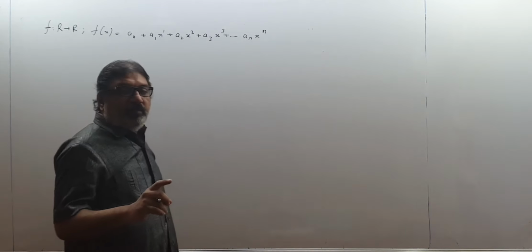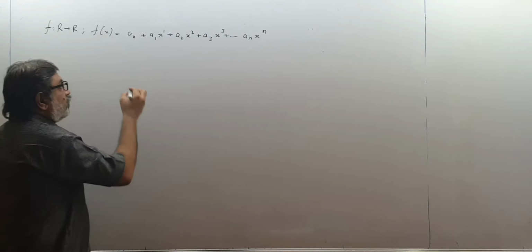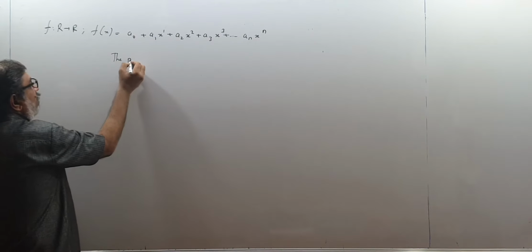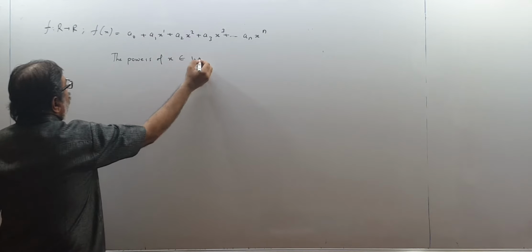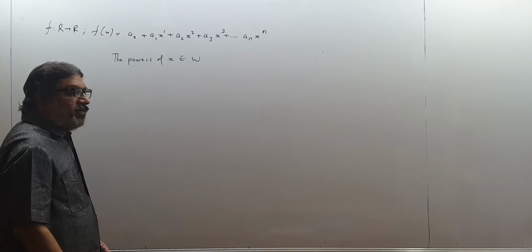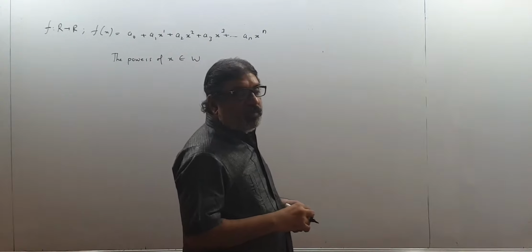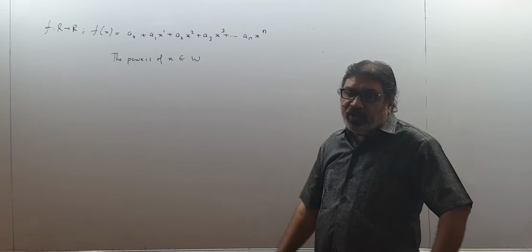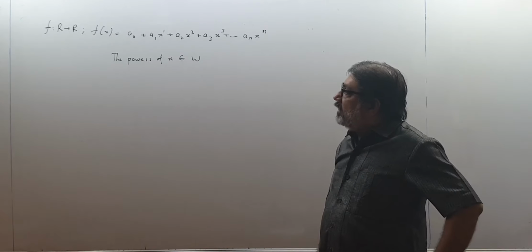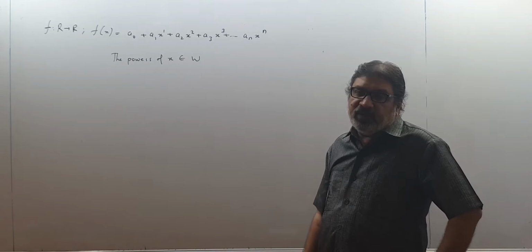The powers of x can be only whole numbers. So the powers of x belong to W. They cannot be negative integers, they cannot be fractions, they cannot be roots. Only then this will be called a polynomial, otherwise no, that you know from class 10. So power of x has to be only a whole number. That means it can be 0, 1, 2, 3, 4, 5, 6.